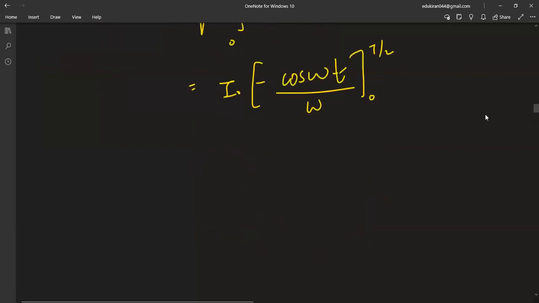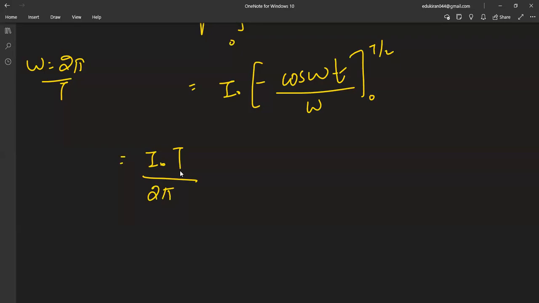All right. Now we have these values. Let us substitute. I naught, you can take it as common. Omega's one formula, you people know, is 2 pi by T. So let us substitute this 2 pi by T. 2 pi will be here, time period will go up.